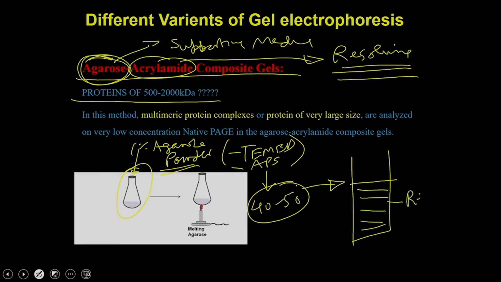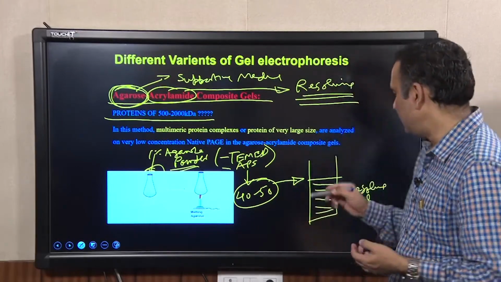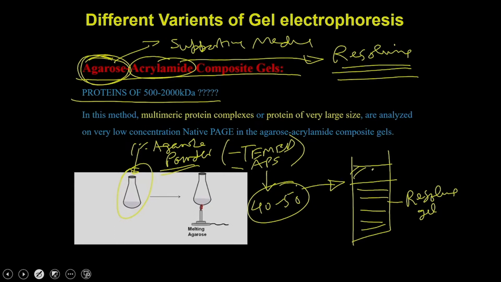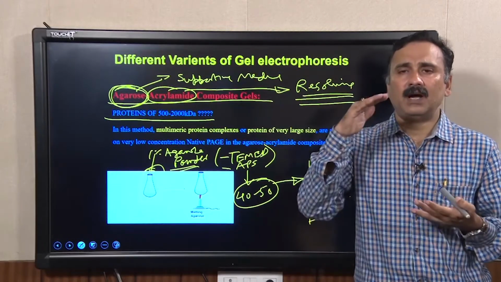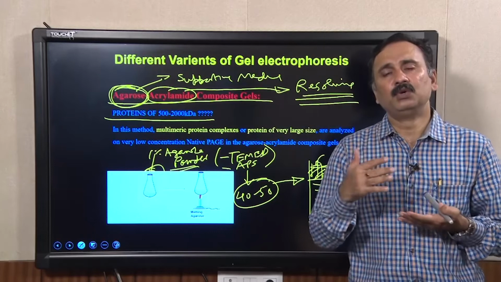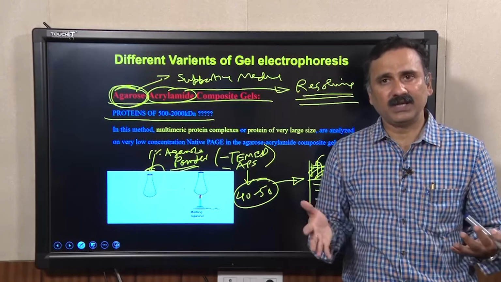So, you prepare a resolving gel where the acrylamide percentage is 3 to 4% and the agarose is 1%, and then you again cast the stacking gel, put in your comb to prepare the wells, and then load the protein samples and resolve as we discussed for vertical gel electrophoresis, and that gives you the option to resolve proteins of 500 to 2000 kilodalton molecular weight.